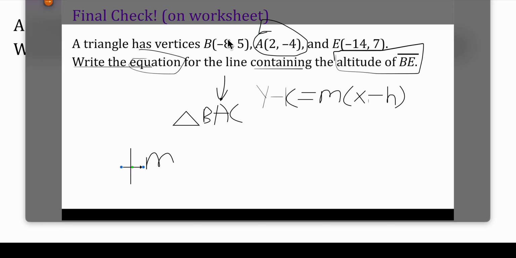Alright, first we put this into the slope formula, which is y2 minus y1 over x2 minus x1.